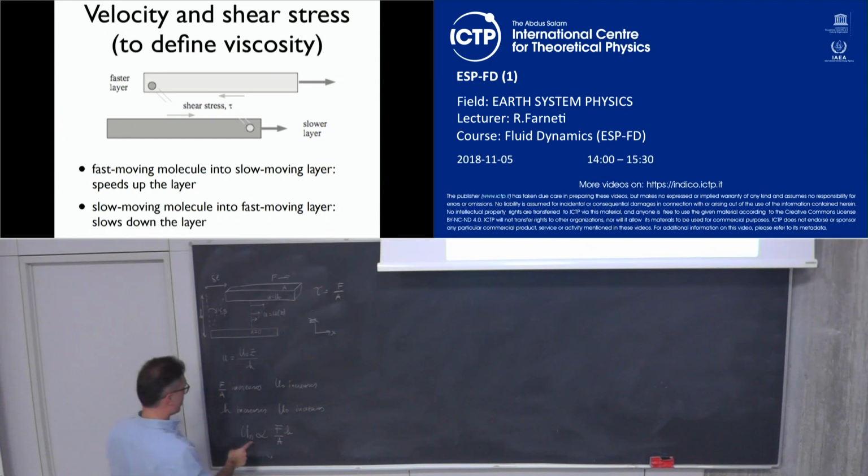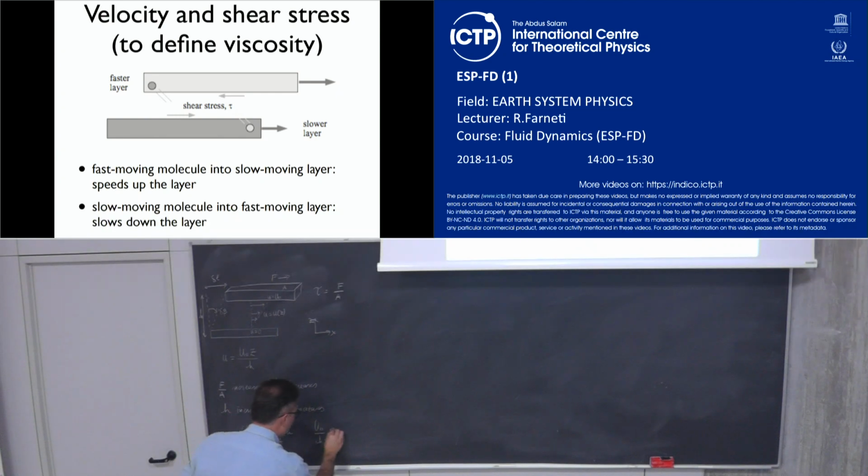The larger H, the larger your u naught. So this means that u naught over H is proportional to F over A, which is your shear stress. Okay, so your u naught over H is proportional to the shear stress.